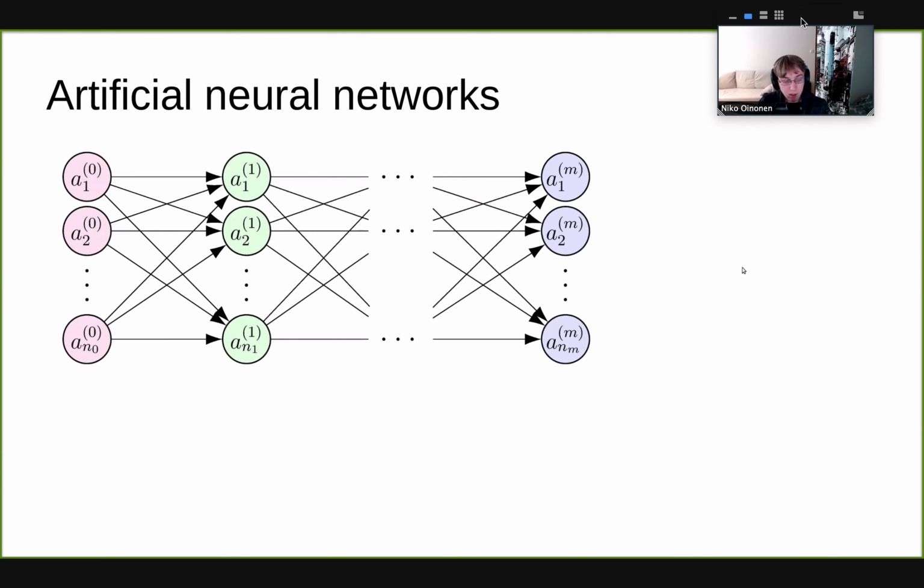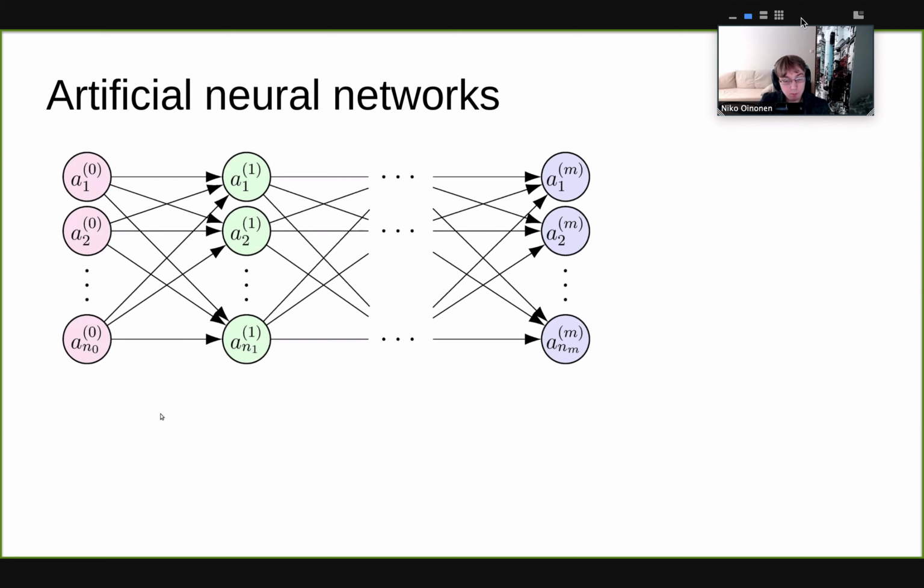Now, the specific type of model that we are considering here is the artificial neural network, which is a model inspired by the biological neural network, like the brain that all animals have.